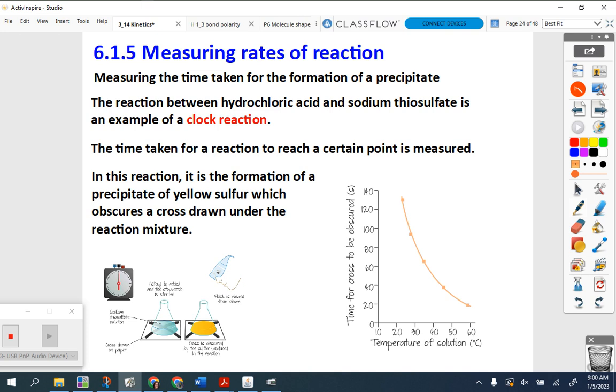So as we increase the temperature of the solution, it takes less time for the reaction to take place. This would be the kind of thing that you would generate from looking at the kinetics of a reaction just based on the endpoint. You would have to have multiple conditions that you were testing at that endpoint, because otherwise you just have one data point, and that's not enough.